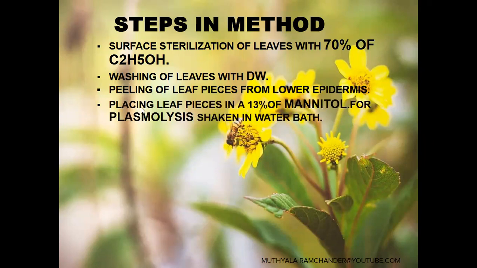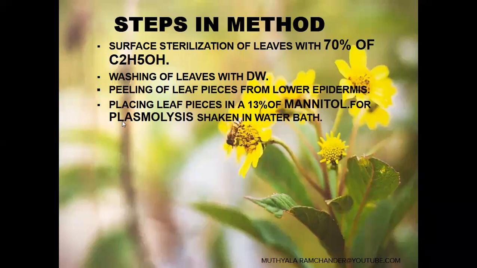The pieces are kept in a 13% mannitol solution for plasmolysis. For the plasmolysis, they are placed on a shaking water bath, so the mannitol solution is always in shaken condition.